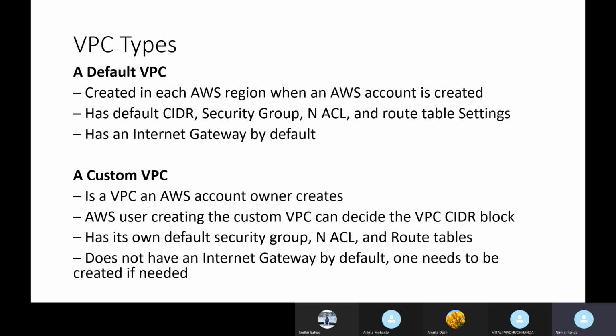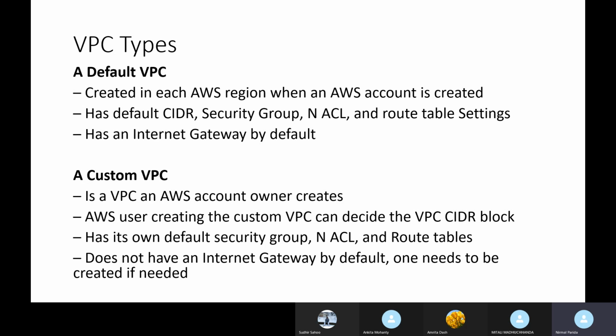Then VPC types. One is the default VPC. This is created in each AWS region when an AWS account is created. It has a default CIDR block, a default security group, a default NACL, and route table settings. It has an internet gateway by default.